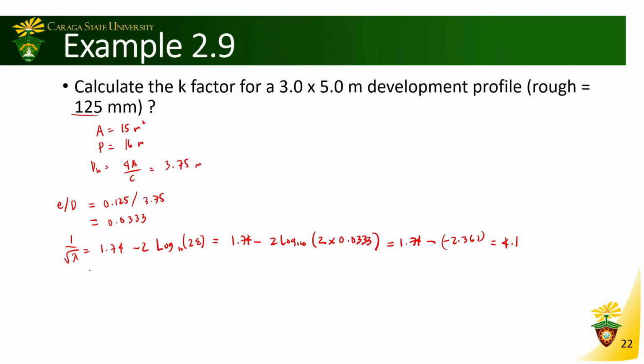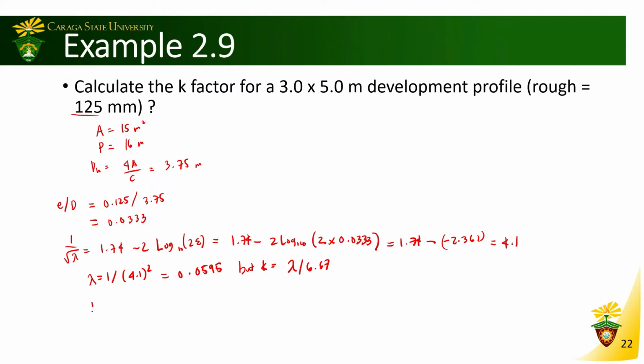Therefore, lambda is equal to 1 over 4.1 squared, which is equal to 0.0595. But k is equal to lambda over 6.67.